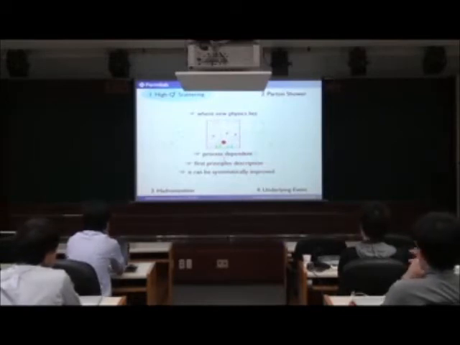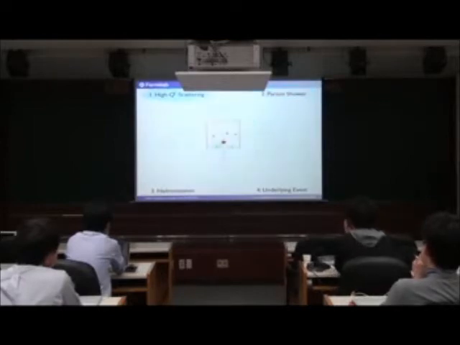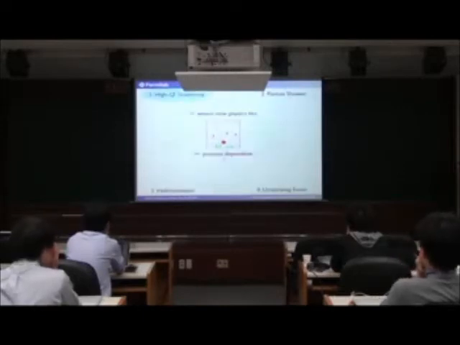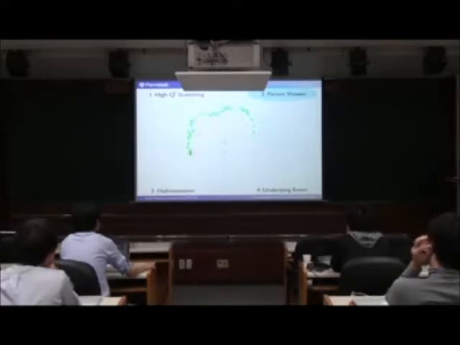The second part of the simulation is parton shower. So once these final stage particles go out from your matrix element, there's a second stage, which is the parton shower, where these particles split, so QCD particles split and radiate gluons and quarks.